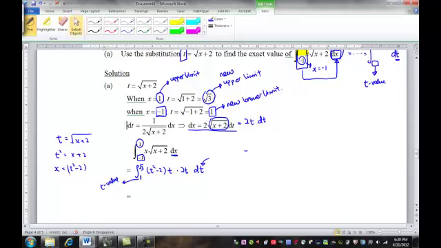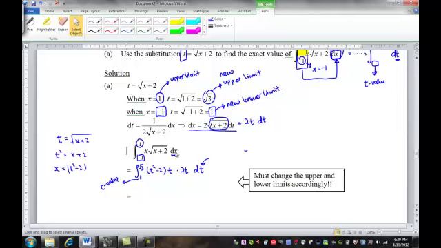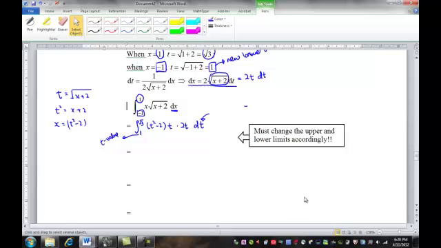Alright, so when you do a definite integration problem that involves substitution, you must change the upper and lower limits accordingly. So what follows is very easy. You simplify the expression a little bit, you're going to get this: 2t squared bracket t squared minus 2 dt.